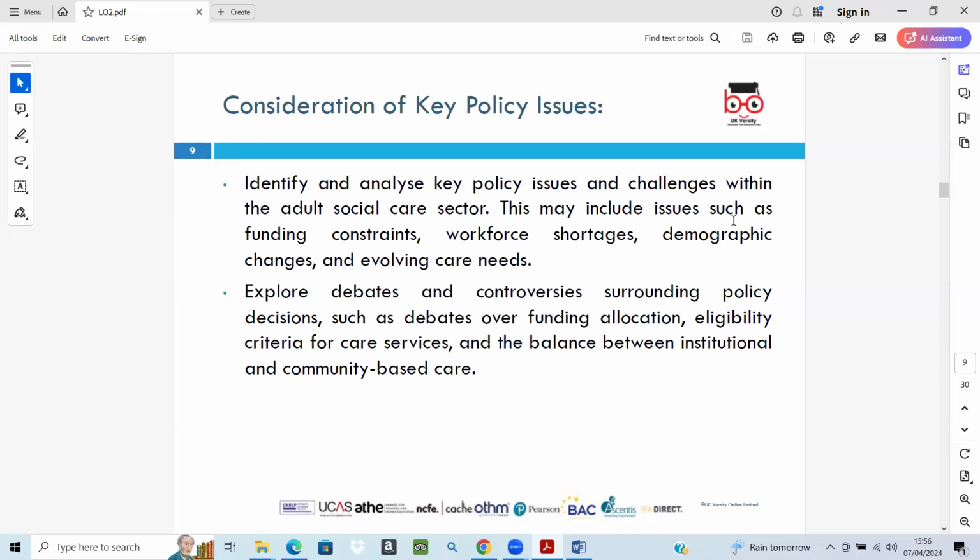But mostly, both of them are very important. So sometimes we go to the client or the service user's home and give them services. It depends on what sort of disability or vulnerability the service user has, and we make the care plan based on the assessment which has been done by the private organization or the local authority.